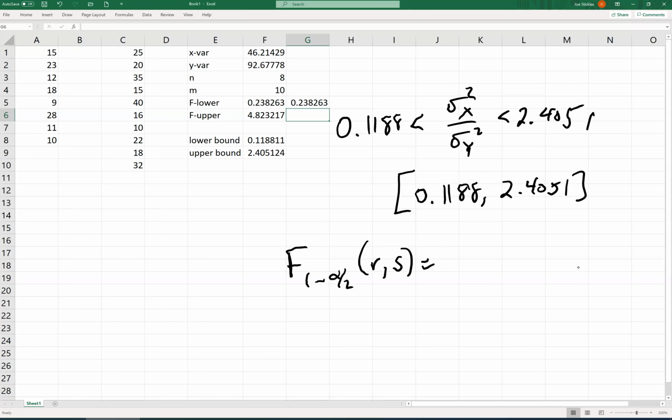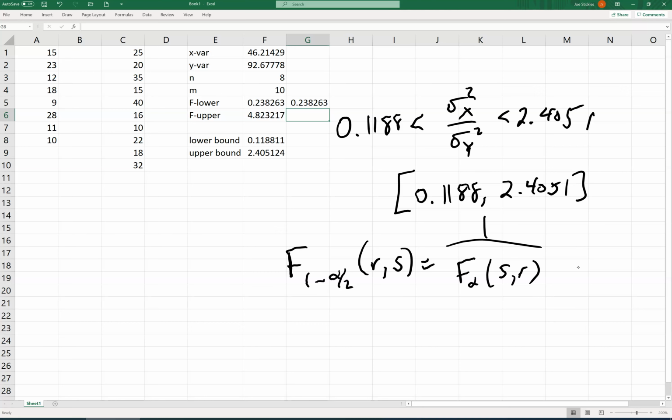This is the same thing as 1 over F sub alpha of s comma r. The percentile on the left is the reciprocal of the percentile on the right after you flip the degrees of freedom around.